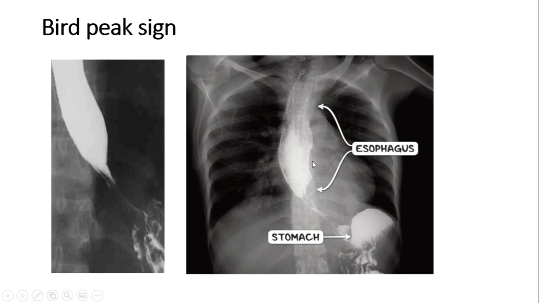So there is muscular hypertrophy and dilatation upward, and stenosis related to failure of relaxation, increased lower esophageal sphincter tone, and lack of peristaltic movement due to degeneration of the ganglion cells in the myenteric plexus in the muscle layer of the esophageal wall.